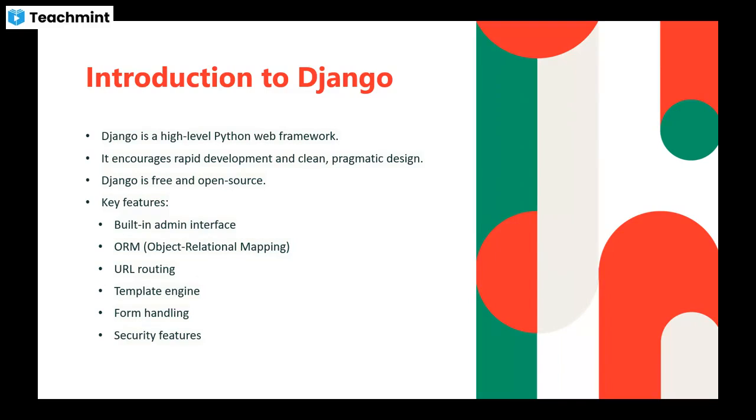There is also form handling support, which is used for creating dynamic forms. For example, if you access a Facebook login page, it will have username or email and password fields. Those fields can be automatically generated in Django by using form handling.